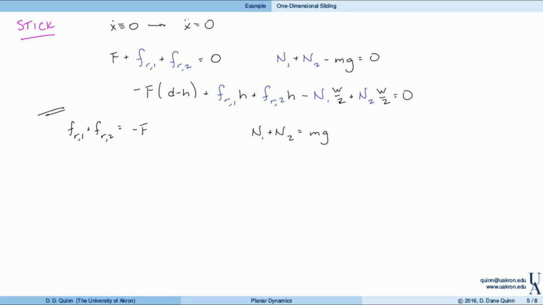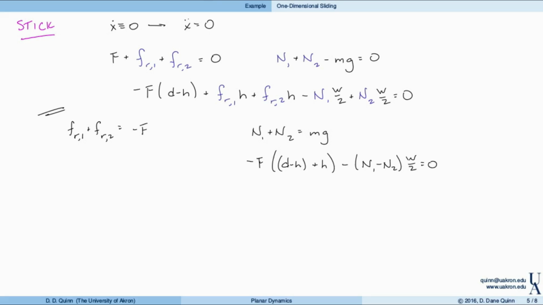And I'll factor out the w over 2 from these last two terms. And so we end up with minus F times (d minus h), right, from this first term. And then we had a minus F from the friction forces, right? So we have plus h, and then minus (N1 minus N2) times w over 2 equals 0.